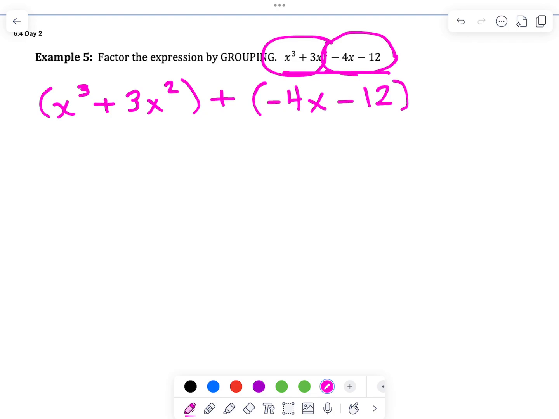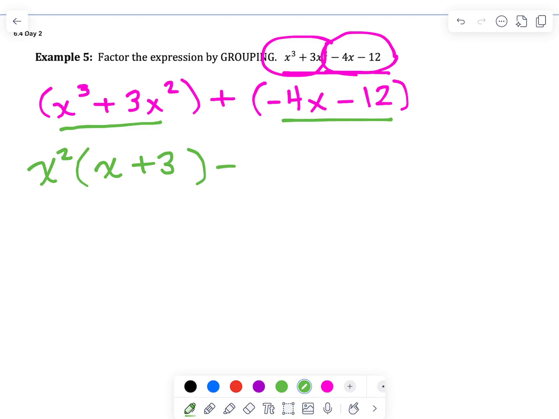And now what we do is we take out the GCFs of each group. So if we look at this first group, the GCF is going to be x squared. So what's left is going to be x plus 3. Then we take out the GCF of the second group, so we can factor out a -4.